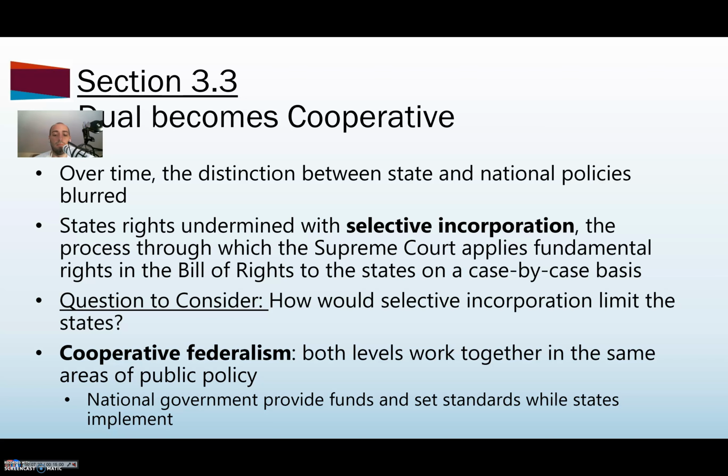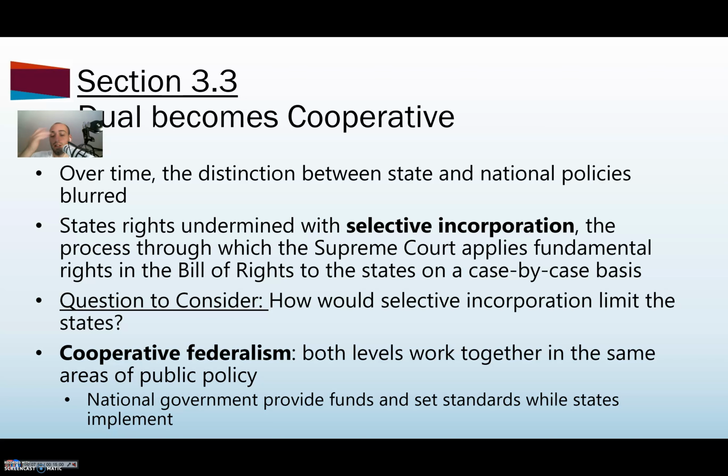So this one they usually call marble cake federalism, and I'll tell you what that means in the next slide. But it shows you that with dual federalism, one section of the government ruled one thing, and then it changed to where they work together in a lot of things, or they're mixed at this point.